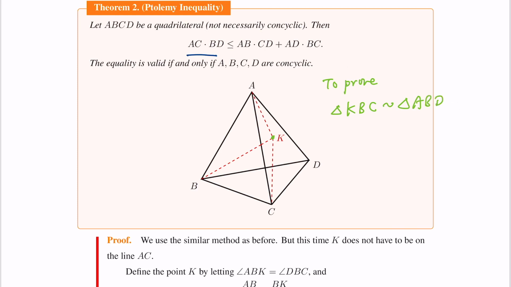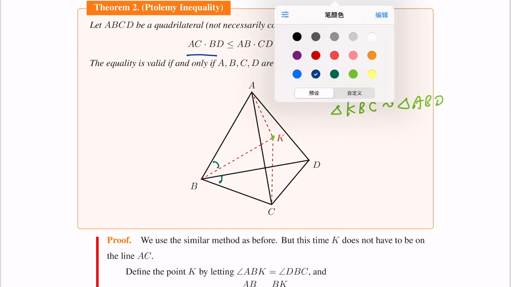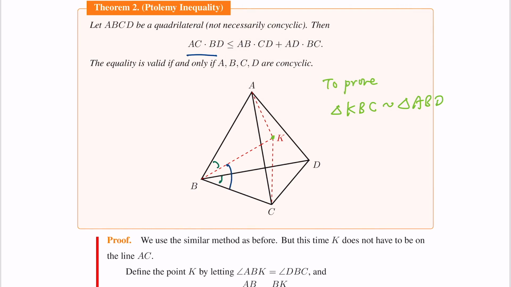In the previous one, once these two green angles are the same, then of course these two blue angles are the same. But that's only one angle. Previously, we could use the inscribed angle theorem to say this angle is equal to that angle, but how to prove that here?